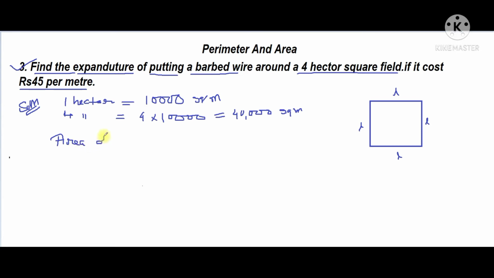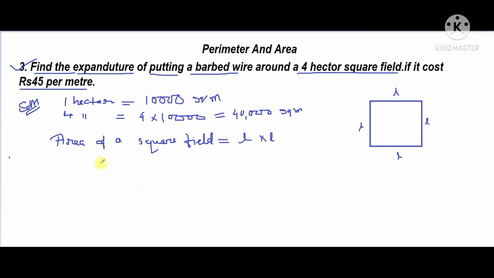So here we'll write the area of a square. The area of a square formula is side into side, that means length into length.